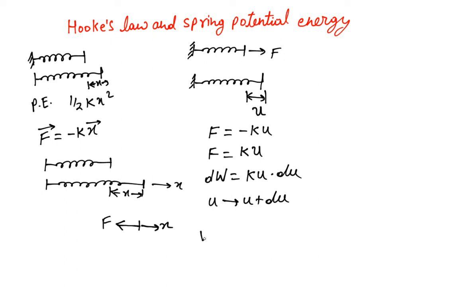Now to calculate the total work, we integrate this from 0 to x. Let's say we stretch it from 0 to x. So we stretch it from 0 to x, and that gives us the integral of ku du. du is just an integrating variable.